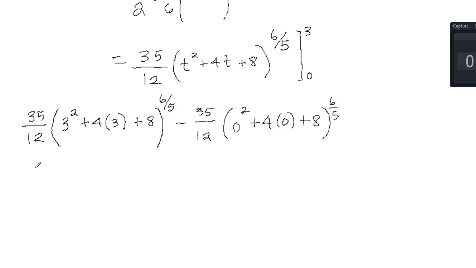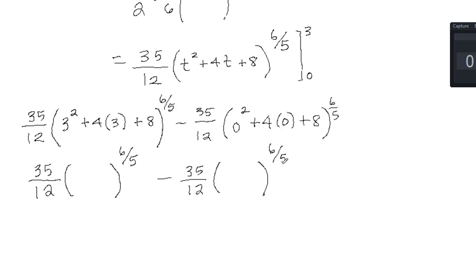I'm going to clean up the inside. You could just put it in the calculator, but I like to get a number in here. 3 squared is 9. 9 plus 12 plus 8 is 29. And 0 squared plus 4 times 0 plus 8 is 8.